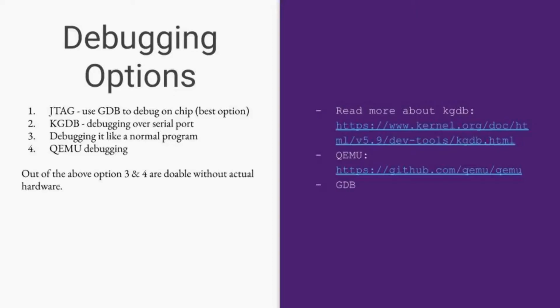I wouldn't say all of the systems, but many of the bigger systems have build targets where you can compile against a POSIX target and then run it as a normal executable on your computer, and you can then use normal GDB tools to debug that executable because it behaves exactly like a normal program. And we're going to cover a little bit of that.